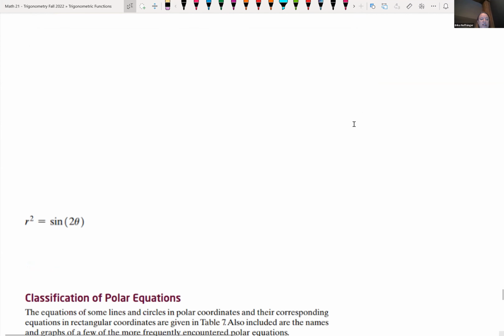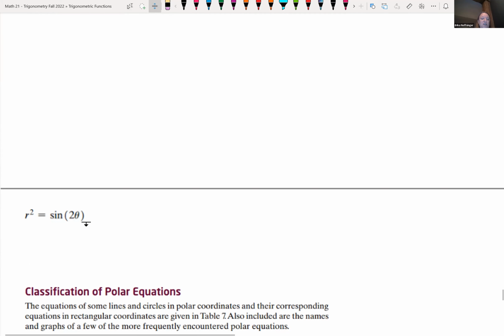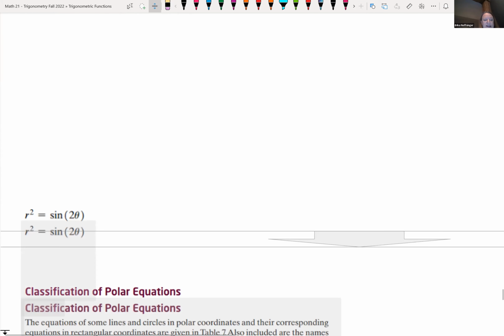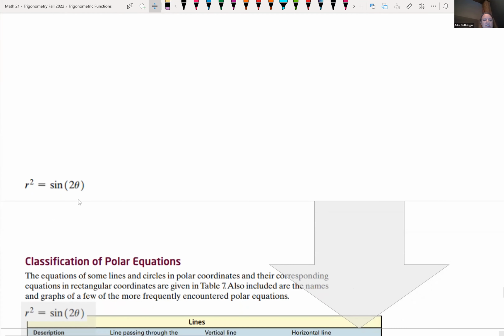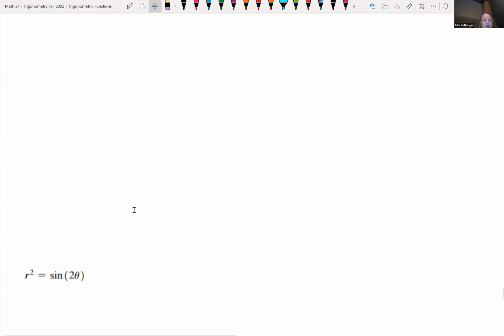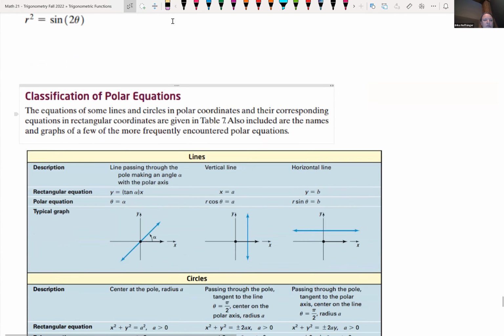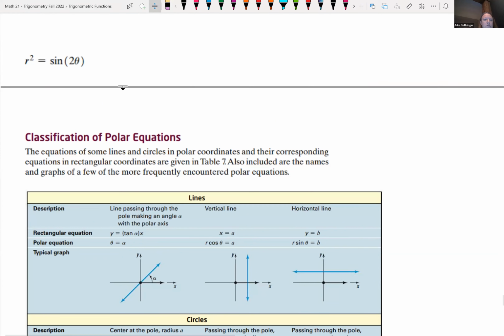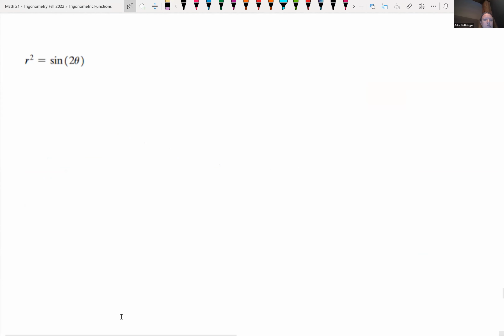So our next equation is r squared equals sine 2 theta. So this is going to give me a propeller shaped curve. So we can test for symmetry again. And so if it's symmetrical with the polar axis, I would plug in negative theta for theta.